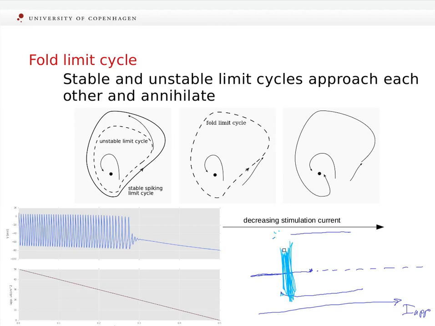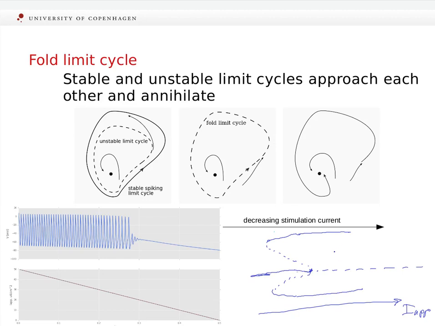So this would be stable spiking. And here is the unstable limit cycle.